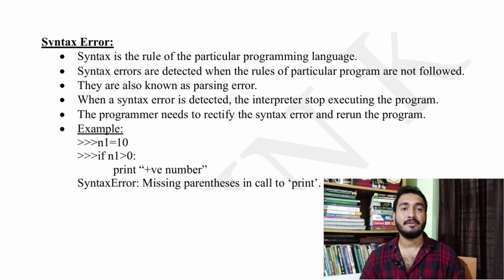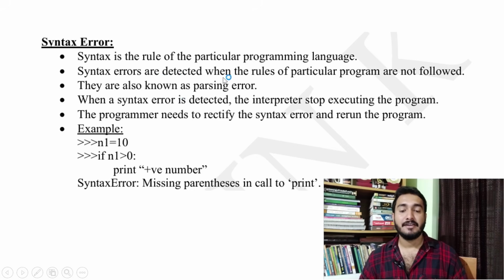To print anything on the screen, we are using print statement in Python. But in C++, we use cout. Same as that, every block in Python programming language should start with colon. Okay. So if you don't follow such rules, it will show error.